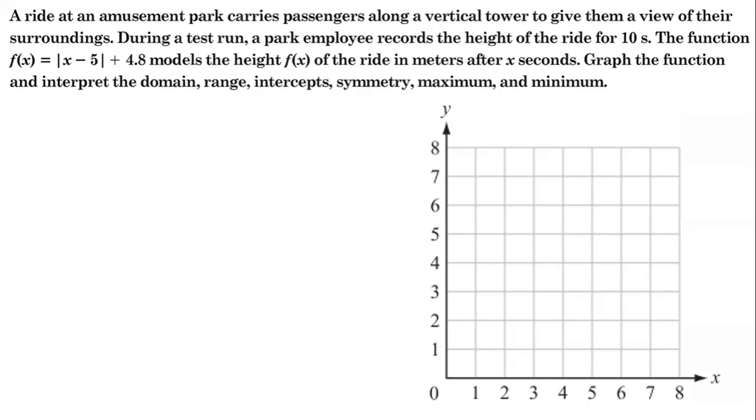Okay, so all that's coming together. They're telling us that we have a ride, and it's 10 seconds. So if we were to look at this and create a table, we have x, analyzing each point, and then we have our y.